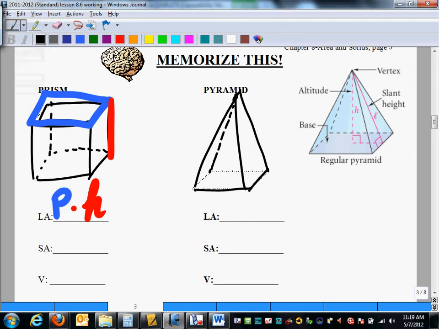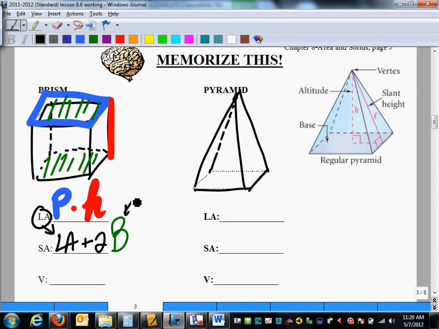For surface area, the surface area is whatever this lateral area was, so circle and draw a little baby arrow there, plus the area of 2 bases. Remember that B means area of. If you know that, you don't have to write it. And then volume is area of the base times the height.